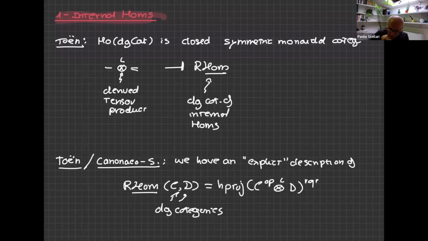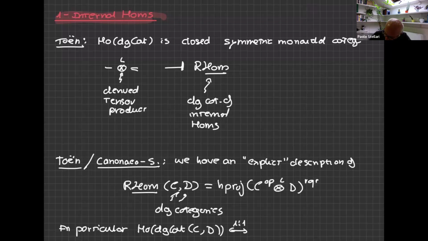And in particular, morphisms in DGcat are actually in natural bijection with the isomorphism classes of H0 of this internal Hom. So in other words, I can really interpret morphisms in the localization of DG categories in terms of such bimodules, up to taking isomorphism class in H0.